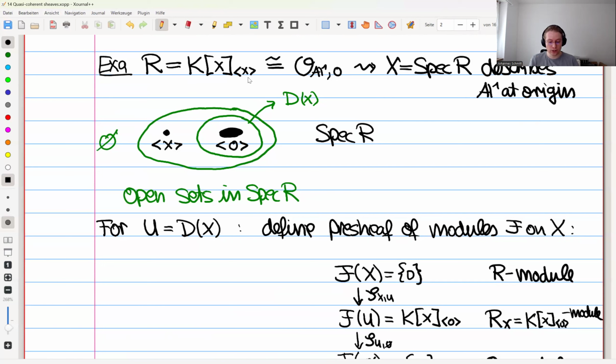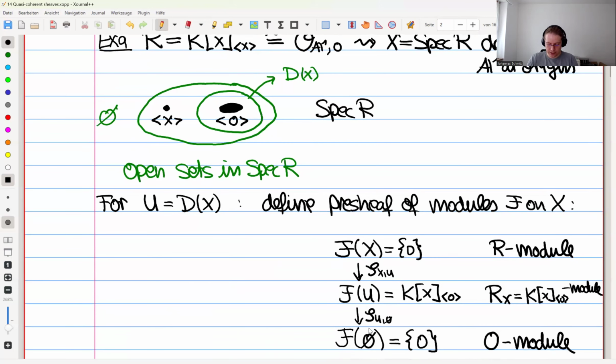In other words, we're now also allowed to divide by functions vanishing at the origin. And if you think about it, this just means we're allowed to divide by anything which is not 0. And so, in fact, this localization here is just given by take the original ring K[x] and then localize at the ideal 0. And then we just define F to just be exactly this ring, which of course is a module over itself.